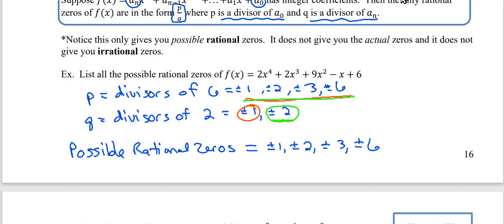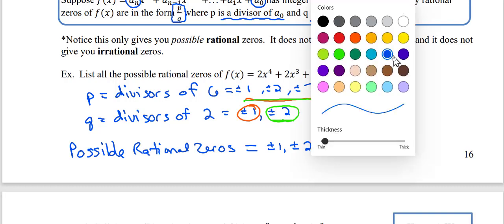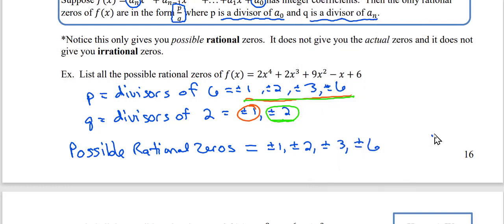So let's do that. 1 over 2 gives me plus or minus 1/2. If I do 2 over 2, that gives me 1, so I don't need to rewrite that. 3 over 2 gives me 3/2.